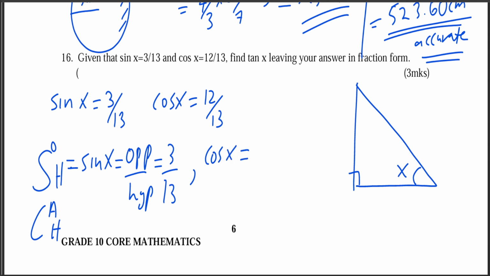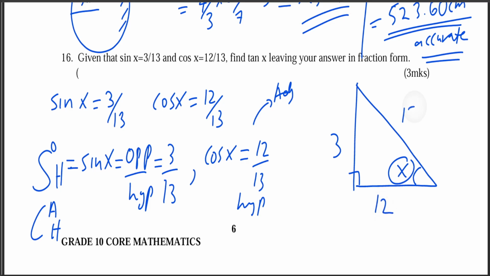Your adjacent is 12/13. So this is adjacent and this is hypotenuse. So the opposite of x is 3, adjacent of x is 12 and the hypotenuse is 13.